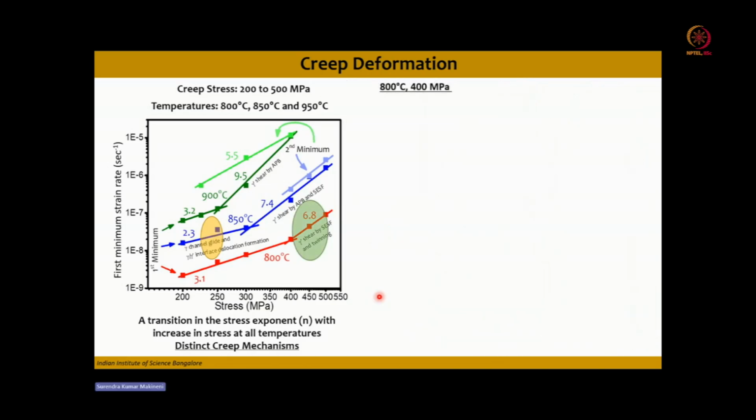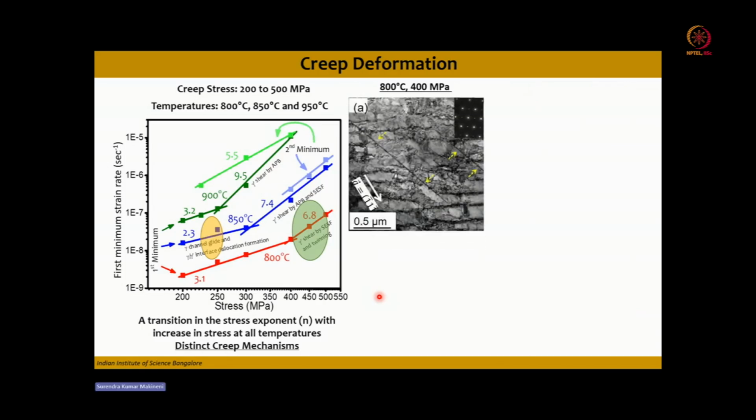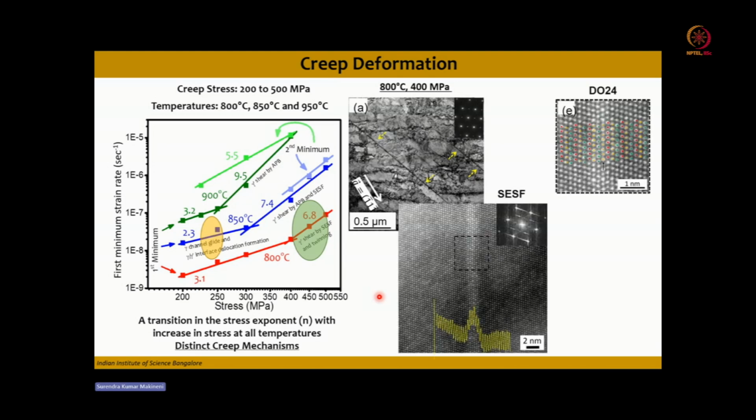If you go for low temperature and high stress conditions, you can see that these dislocations can shear the gamma prime precipitates. It means that you are seeing the presence of a large amount of extrinsic stacking faults.